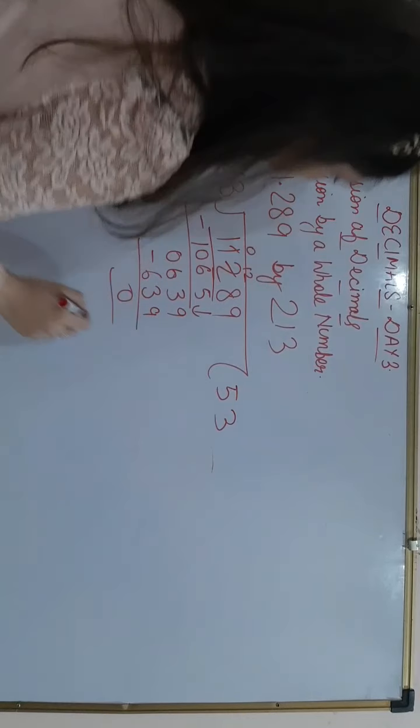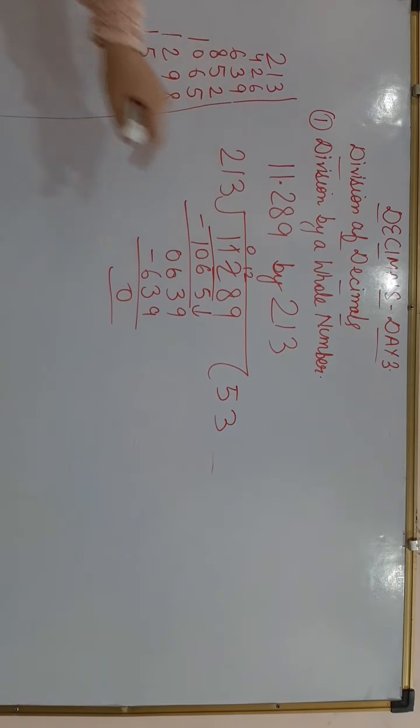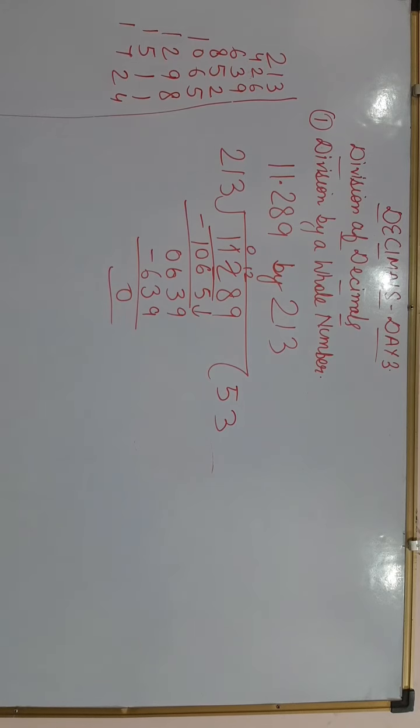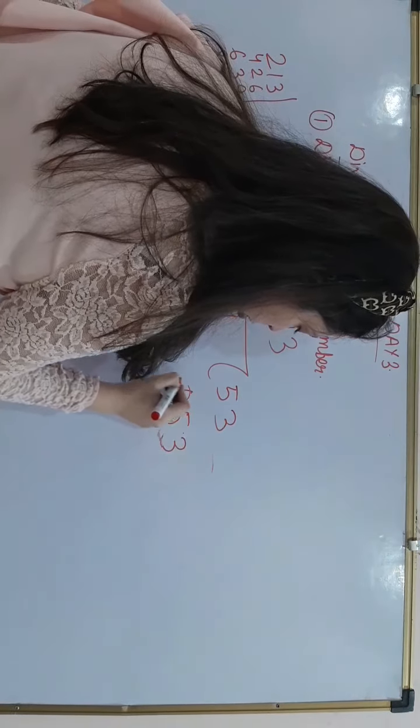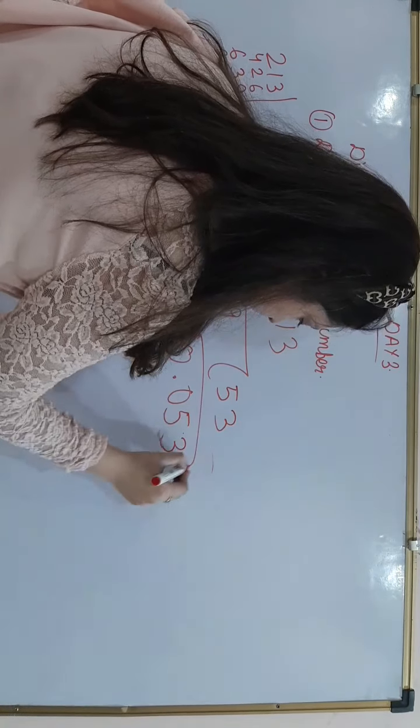So now we have 3 decimal places in the question. So what will we do? We will put a decimal point before 3 digits, and add 0 in the whole part.